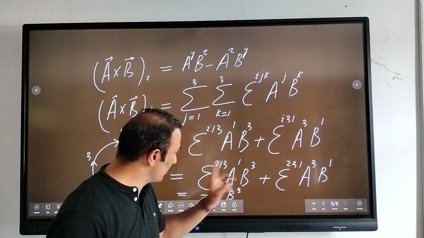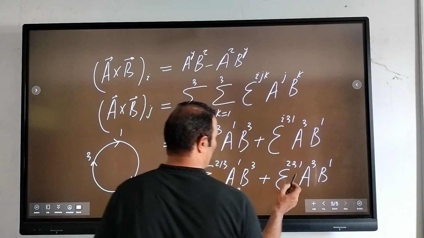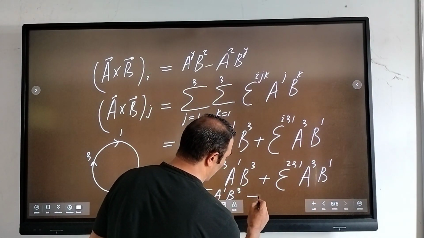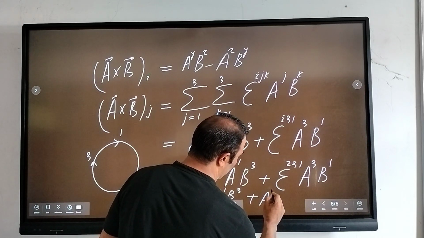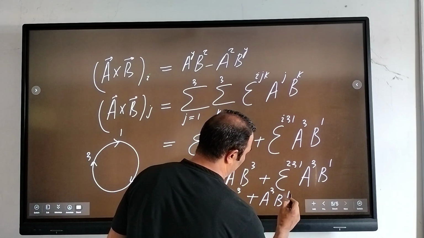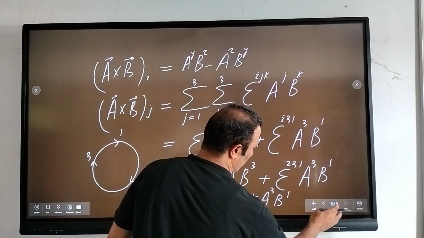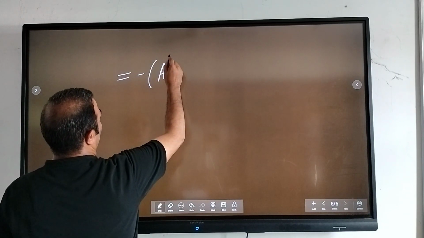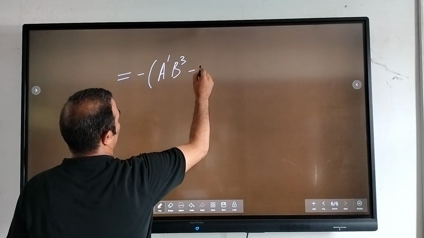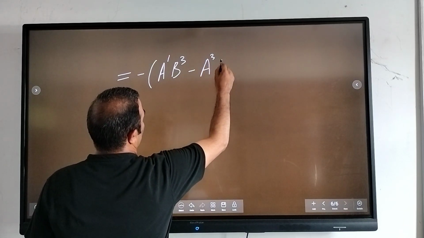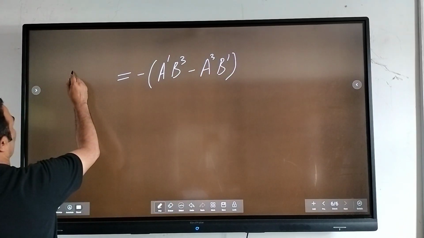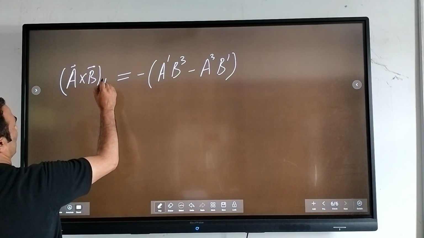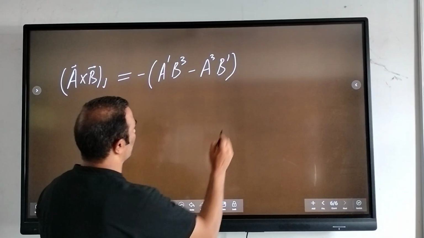So that's minus a1 b3. And now 2 3 1, that's cyclic, so this will be plus 1. So you have plus a3 b1. Or you can write this as minus a1 b3 plus a3 b1. So that's our j component.